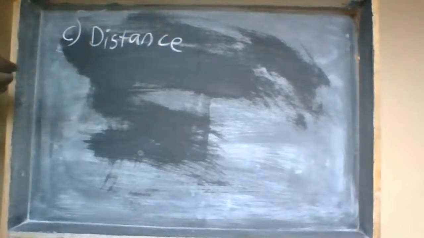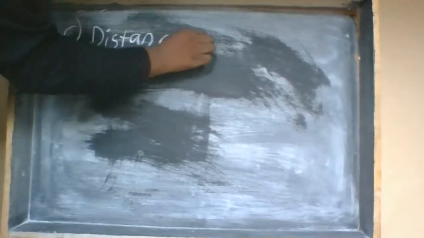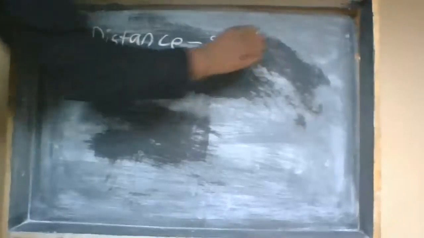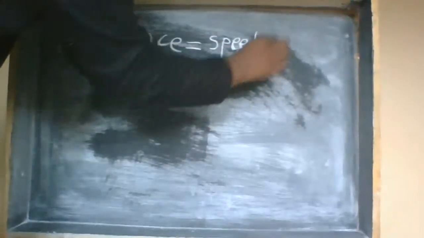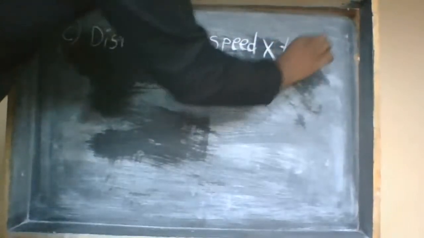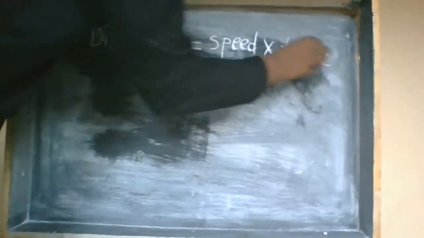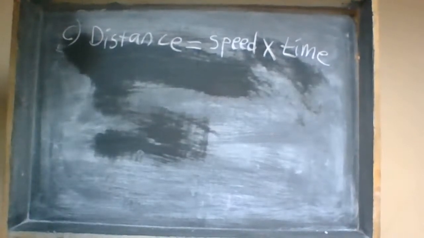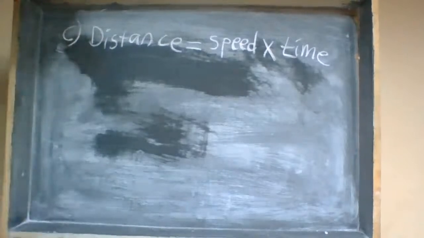The formula for calculating distance is distance equals speed times time. Distance equals speed times time.